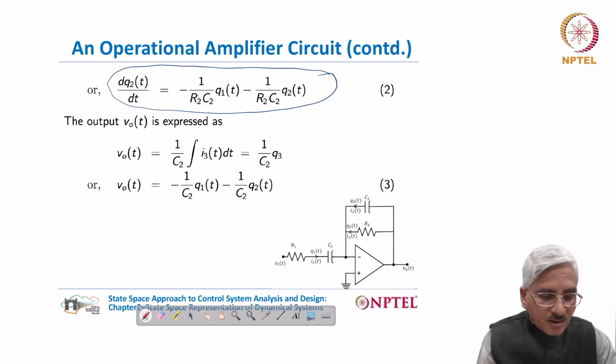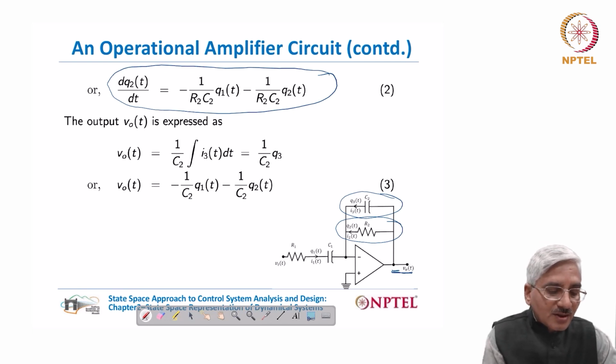I have brought the picture of the operational amplifier circuit here again. We see that the output voltage VO is the voltage across the capacitor. It is of course also the voltage across the resistor, but let us consider first that it is equal to the voltage across the capacitor. So VO can be written like this, 1 by C2 integral of I3 dt, or because this integral of I3 dt is the same as Q3, it becomes 1 by C2 into Q3.